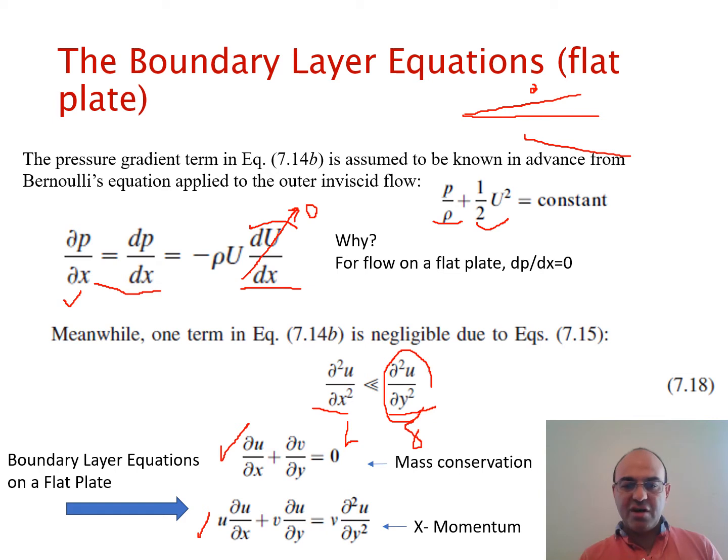So as a result, on the right side of the momentum equation in x direction, we only retain the larger term and neglect the smaller term. So this will result in this equation. You see why we are doing this, because it simplifies these mathematical equations and provides a chance to be able to solve them.